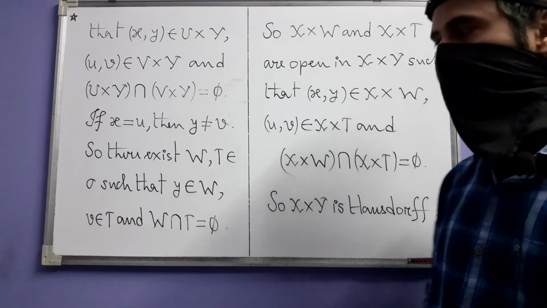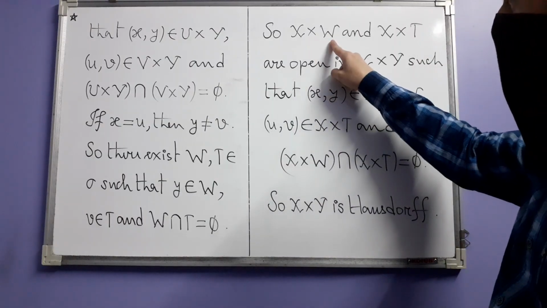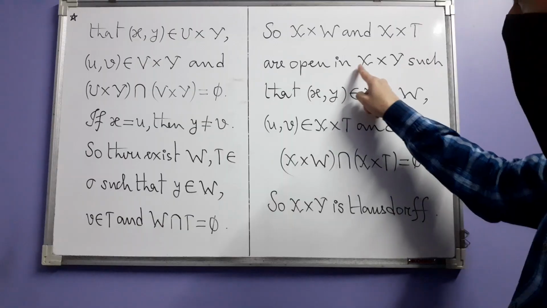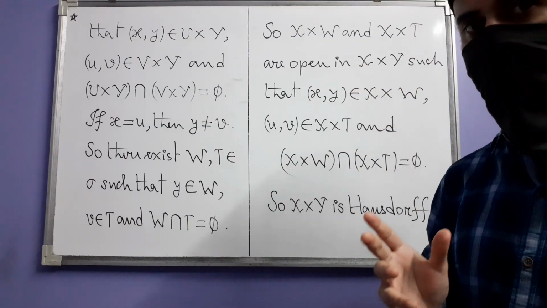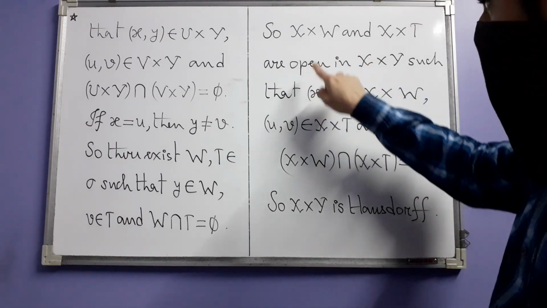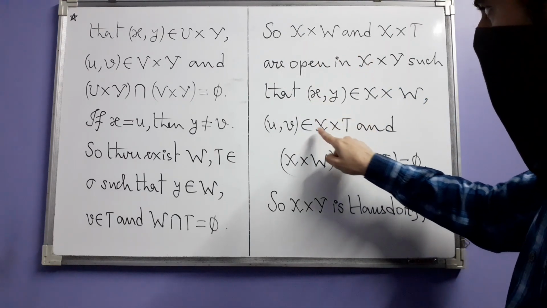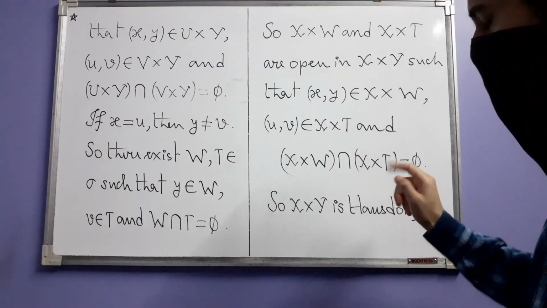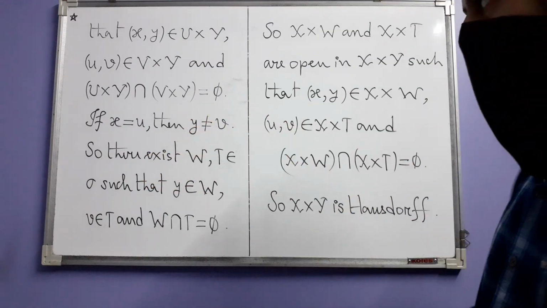So in this case, you have these two sets X × W and X × T which are open in the product space. They are in fact basis elements for the product topology such that this one contains (x, y), this one contains (u, v), and they are disjoint, just like the previous case.